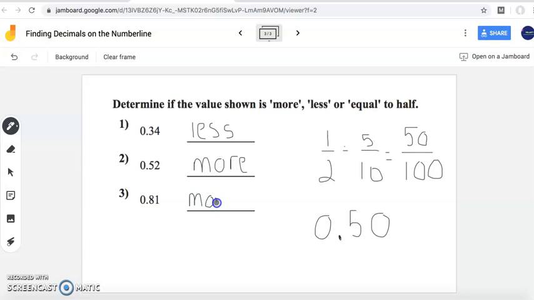My recommendation to you during today's activities is to write all of this information down, because it is going to help you identify if these numbers are more, less, or equal to a half, especially giving you a reminder when you're using the number line that 1/2 is equivalent to 5 tenths to 50 hundredths. That will really help you during today's activities.